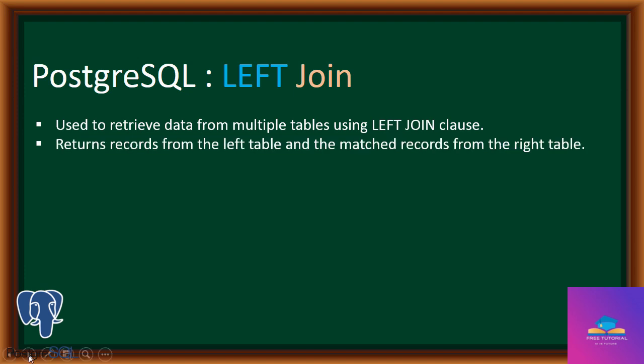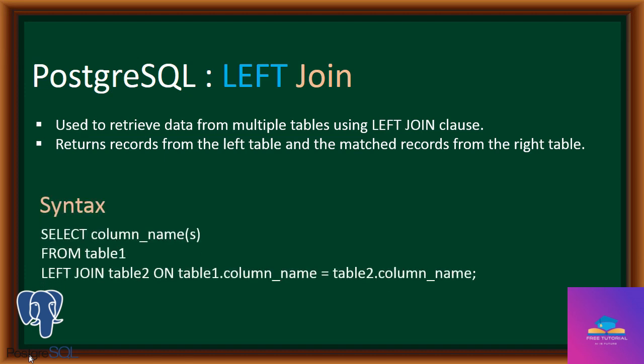Let's have a look at the syntax on how you would write a left join. So this is the syntax. Basically, you start with a SELECT keyword and the column names, and you select the first table, which is the table on the left, and then you LEFT JOIN the second table ON table1.column_name from table 1, and you set it equal to the column name in table 2.